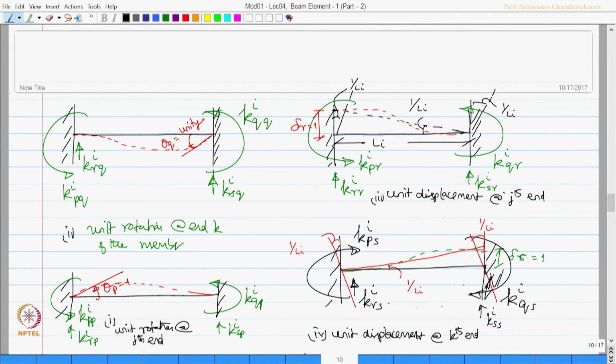Our objective is to find out these stiffness coefficients for unit displacement and each degrees of freedom. Okay.